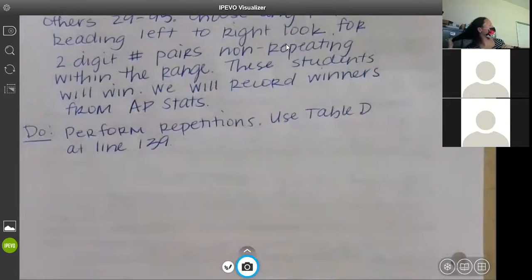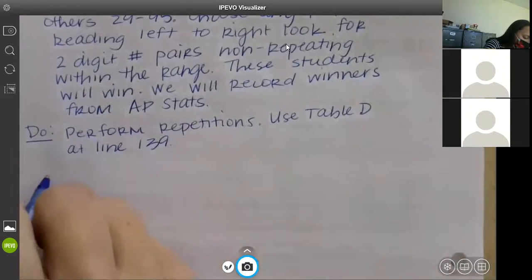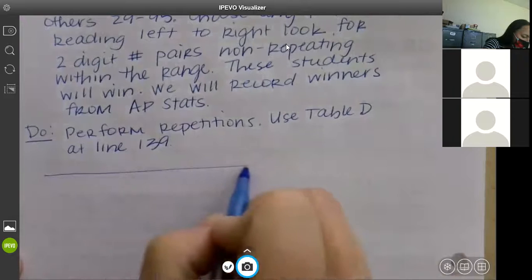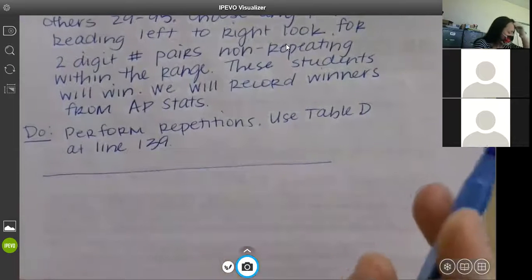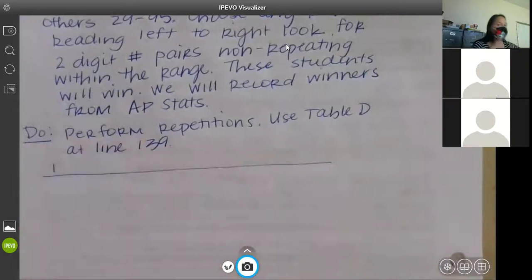Table D at line 139. Even if you're a Zoomer and you have it, that would be amazing.